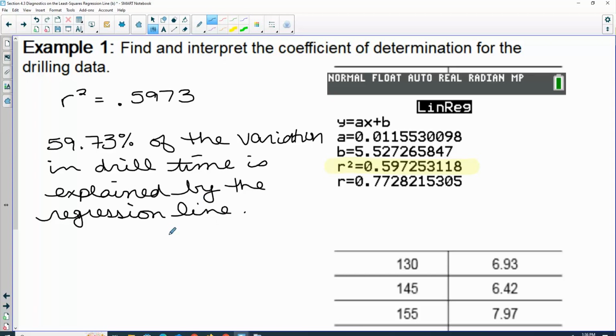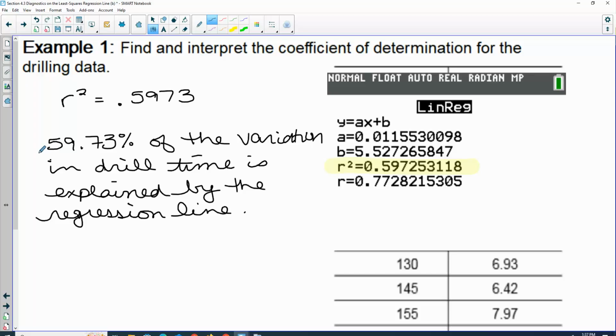So we would expect every depth to have a different drill time, right? The deeper you need to drill, then the longer it will take you to get there. We expect that. So we expect these Y values to be different. There should be variation. What this is saying is our line accounts for 59.73, almost 60% of that.